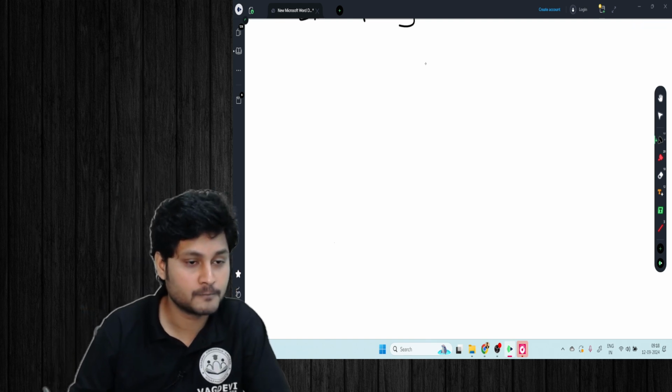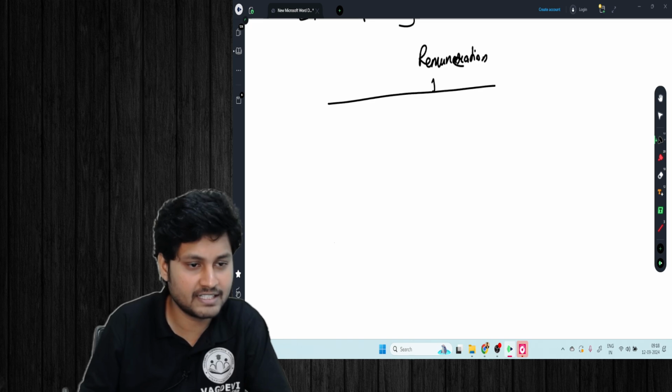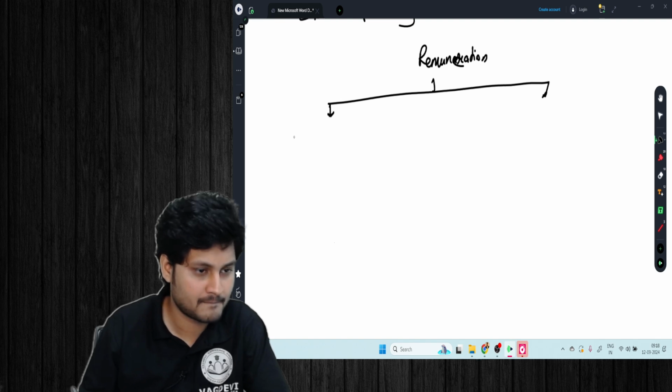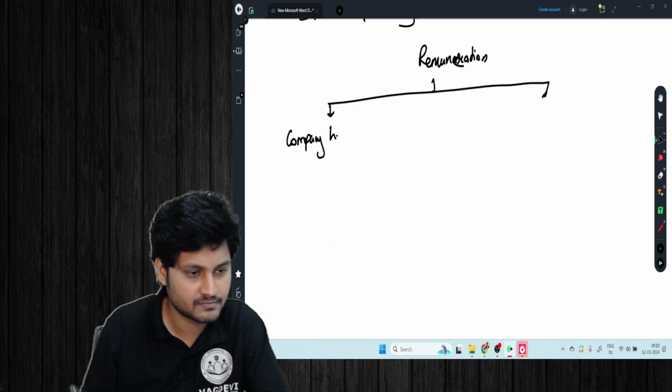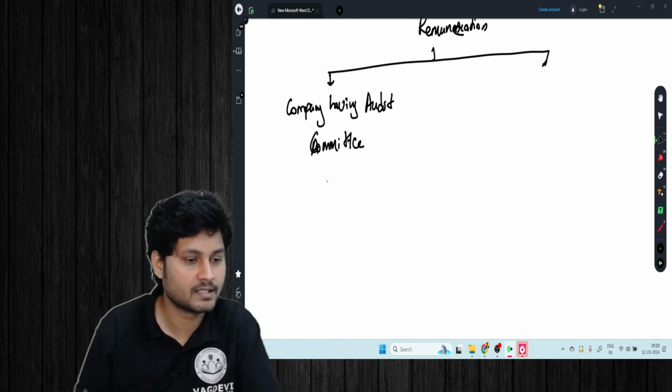Okay. So remuneration is divided into 2 aspects. Company having audit committee.